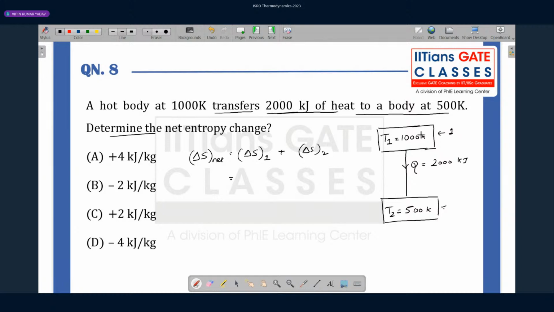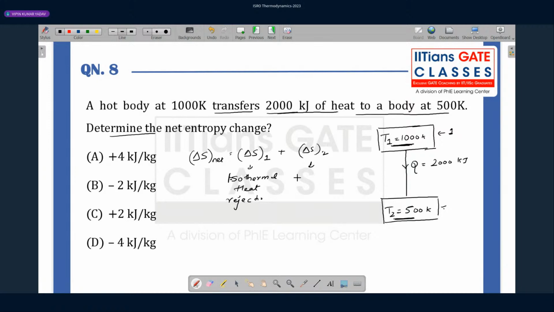You see, it is a reservoir. Its temperature is constant. So this is isothermal heat transfer, isothermal heat rejection.